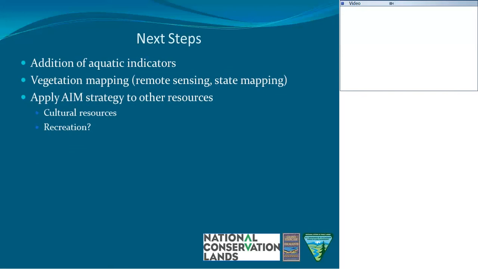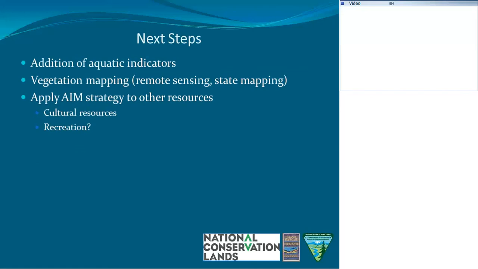So our next steps, several people have spoken about the addition of aquatic indicators. We're excited to do that too. We're also working on some vegetation mapping. We hope to get a project going on. I know Matt Bobo is going to speak later today about use of remote sensing. And so we hope to be able to integrate some remote sensing and another, I don't know if Jason will talk about it today or not, but state mapping that some of you I'm sure are familiar with, that Ornata has done before.